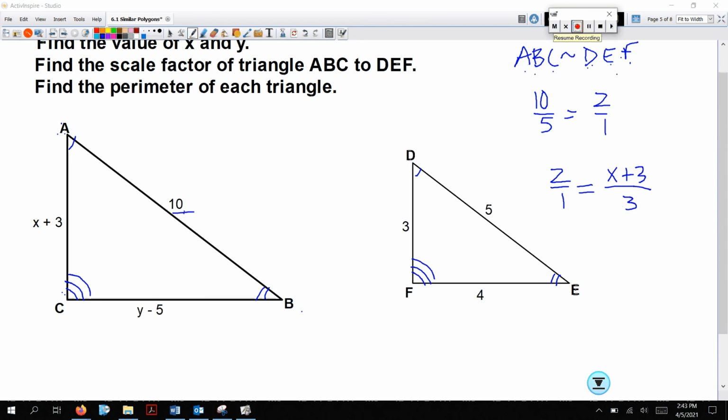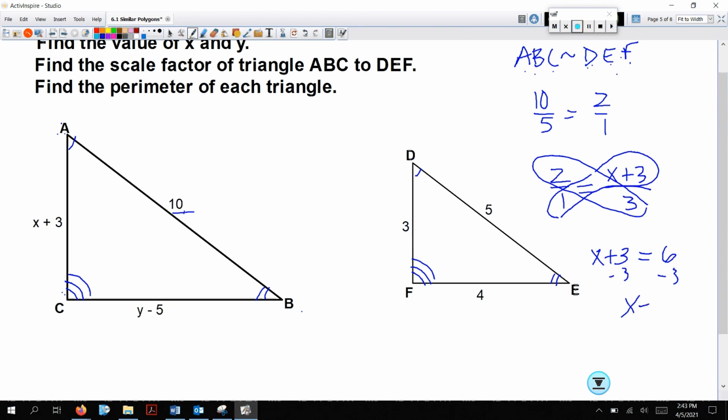Remember, when we cross multiply, we have to distribute through to the expression. Luckily I'm only distributing 1, so 1 times x plus 3 is still x plus 3. 2 times 3 is 6. Subtract 3 from both sides and I get x is equal to 3. So now this side is actually 6 because 3 plus 3 is 6.